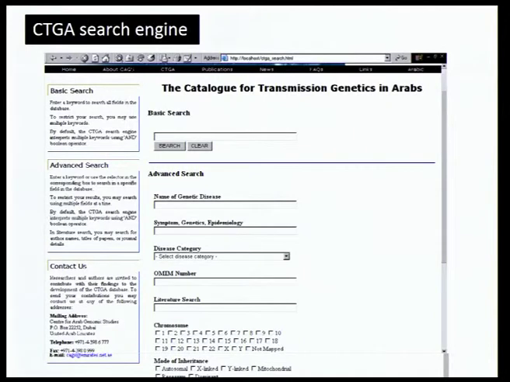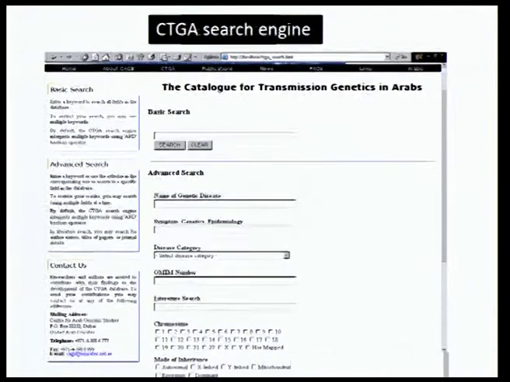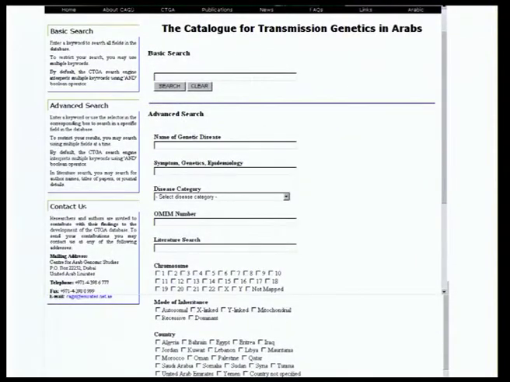CTGA stands for the Catalogue for Transmission Genetics in Arabs, and the first thing that comes up when trying to query the database, I'm talking about the end user now, is this interface.